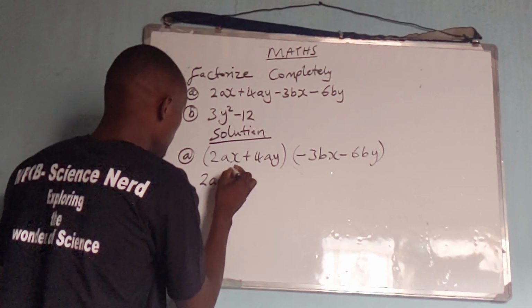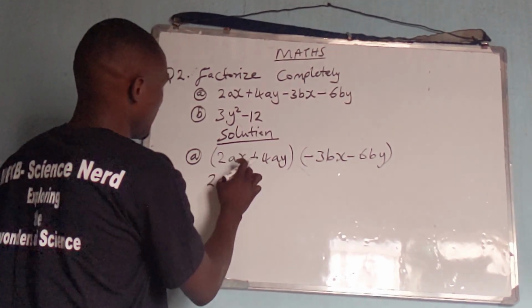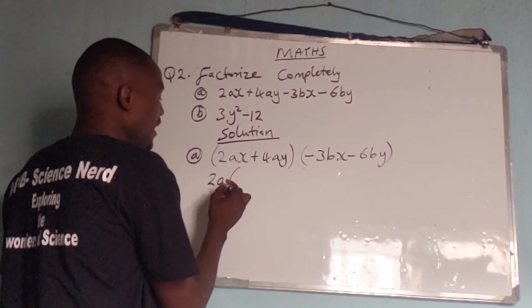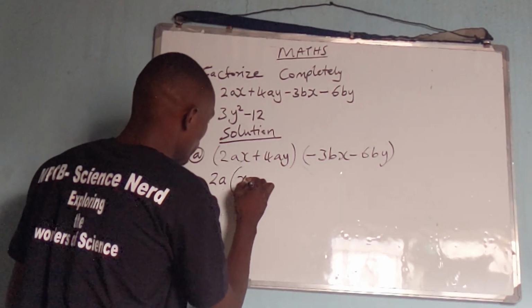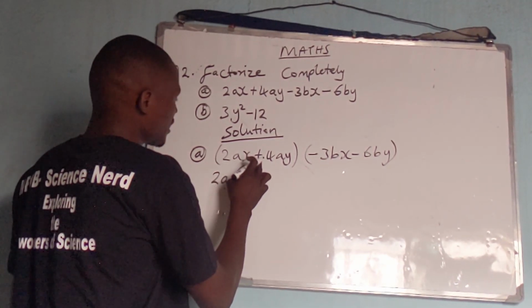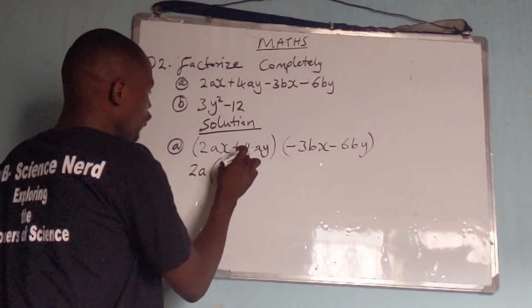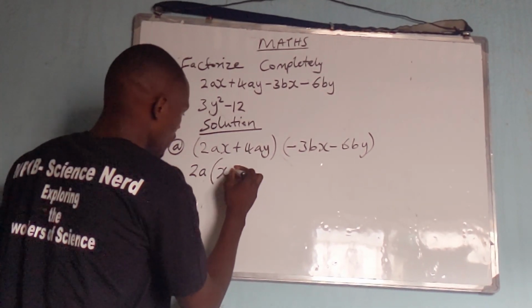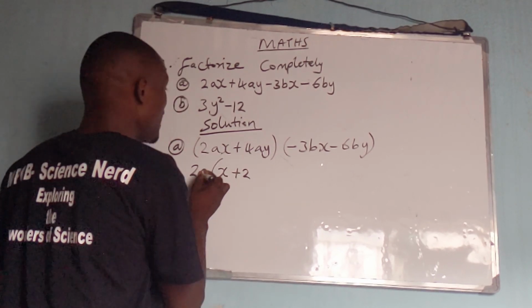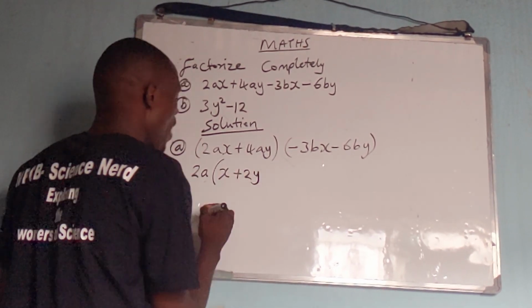So 2a, then we open the bracket. 2a into 2ax, 2a will cancel and we remain with x. 2a into positive 4ay: 4 divided by 2 is 2, a and a cancel out, then we remain with y.